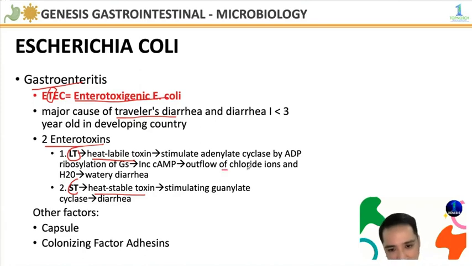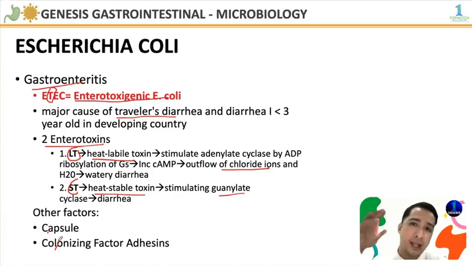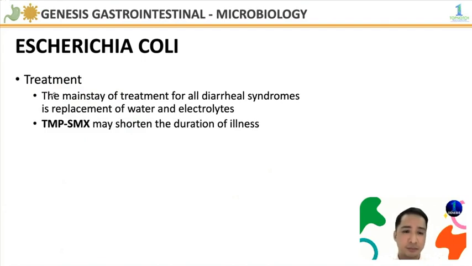So you will see here increased chloride ions that can lead to secretory diarrhea. Your ST will stimulate the guanylate cyclase that can cause further diarrhea. Take note of the other factors, your capsule and your colonizing factor adhesins. Again, ETEC, mnemonic, ET, travelers' diarrhea.